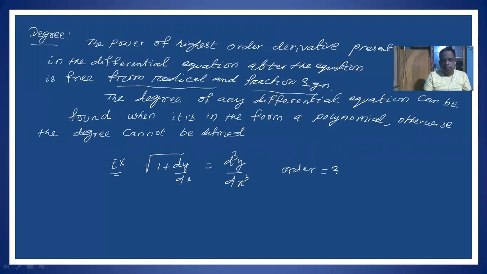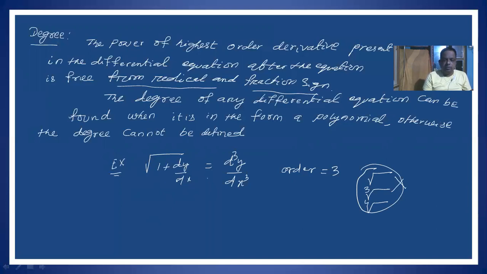Let us see how to find the degree. The degree of the equation is defined after the equation is free from radicals and fractions. The square root sign, cube root, and so on are called radicals. So first we have to remove these radical signs, and after that we can find the degree.